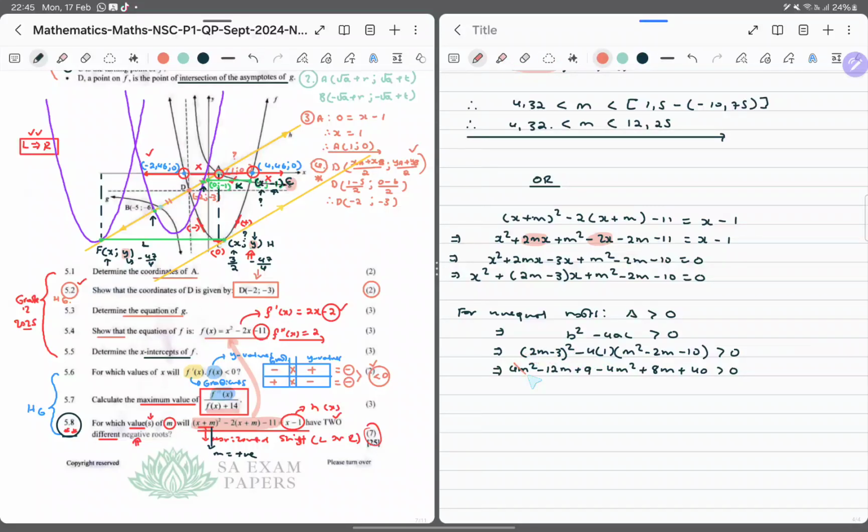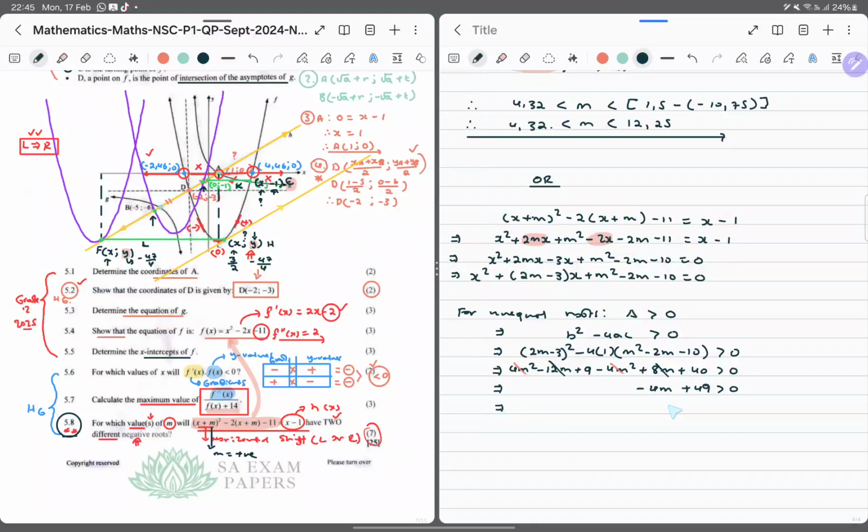So what do we see? 4m squared takes out 4m squared, and then the rest takes care of itself. So minus 12m plus 8m is basically minus 4m. And then 9 plus 40, this is 49.